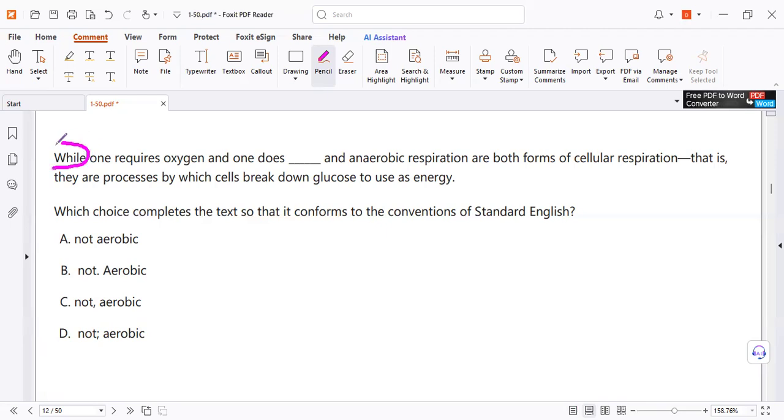If you find a subordinating conjunction at the beginning, you need two clauses, or two sentences after, joined by a comma. This comma is necessary, but you must check if the comma is in the correct place. So one subject requires a verb, and then Arabic, and then Arabic respiration. So it's a correct subject and verb. So the comma is in the correct place, so it's letter C.